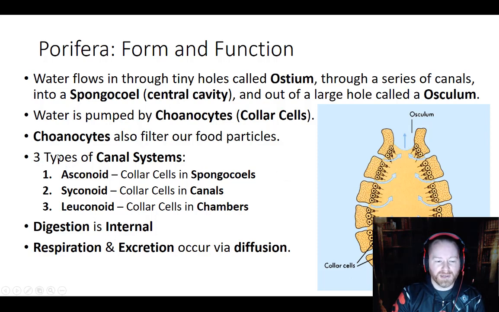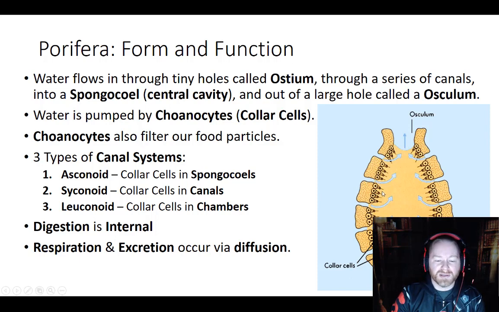There are 3 different types of sponges based on the canal systems that they use. There's asconoid, synconoid, and leuconoid. The asconoid, their collar cells are in the spongocoel, that big internal cavity, the big main cavity that's there. For synconoids, the collar cells are in the channels that lead to the spongocoel.